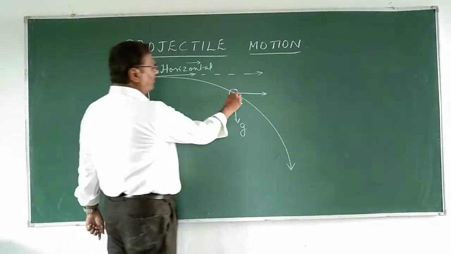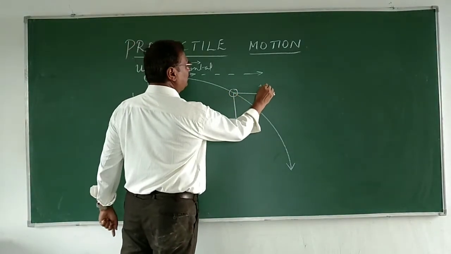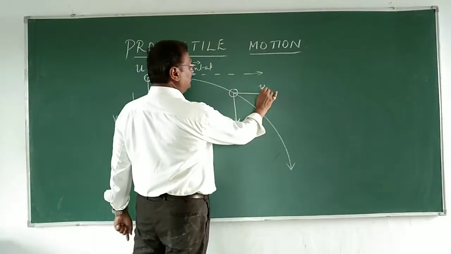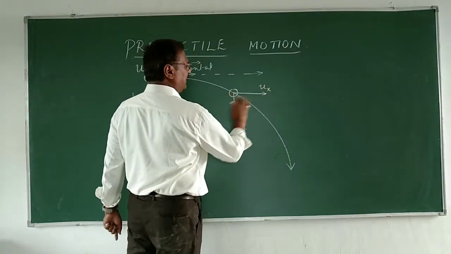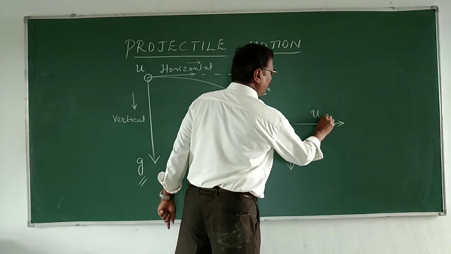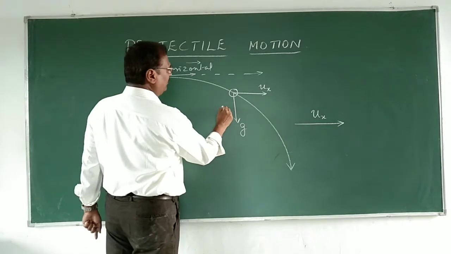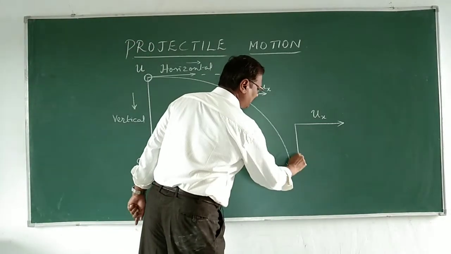So, let me come to the point here. At this point, this velocity u which is in the horizontal motion, we don't know the exact value, so I will only say u x component. It is in the x direction, if we take the x-axis like this. And here, as it is coming down, the velocity here is Vy, which is the vertical component.